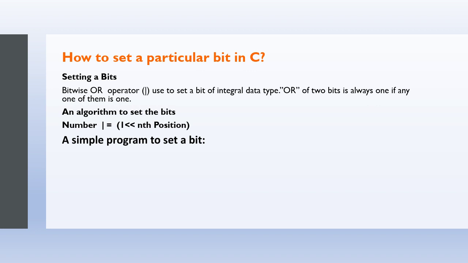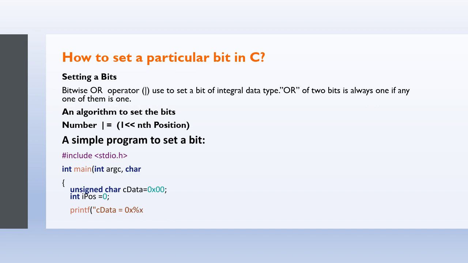A simple program to set a bit is something like int main with argc and argv, unsigned char c_data = 0x00, int i_position = 0, and printf "data is %d", and printf "enter the position which you want to set", and call the scanf function to get the position.